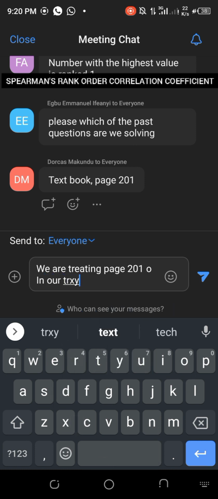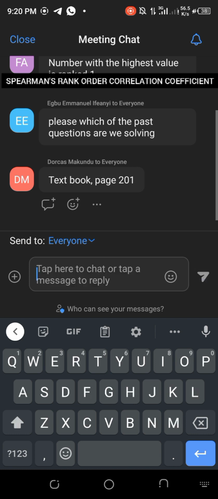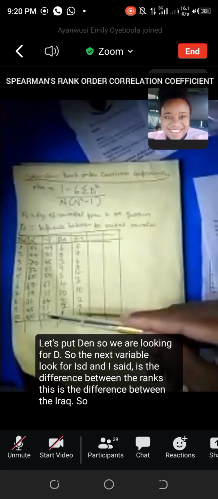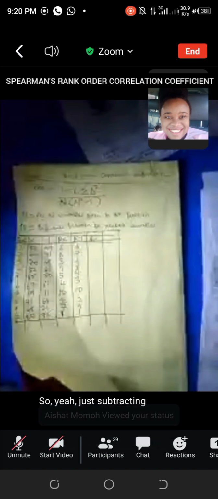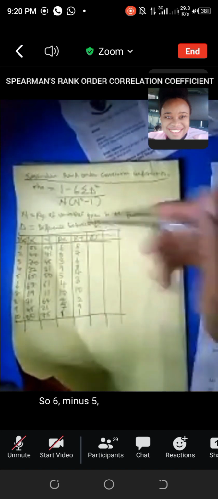So we are looking for D. The next variable we'll look for is D. And D is the difference between the ranks. So you are just subtracting. So 6 minus 5 will give us 1.